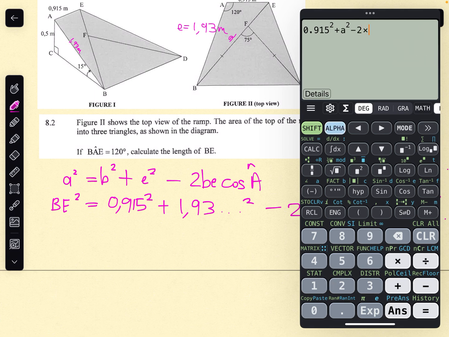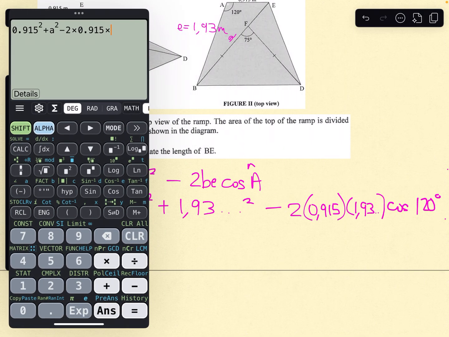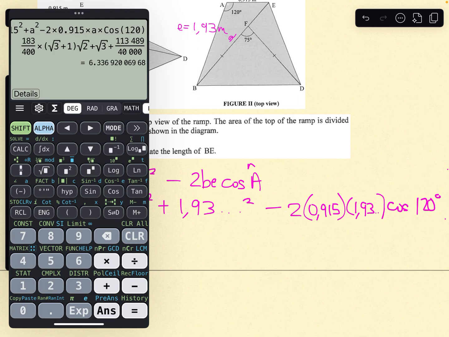Minus 2 times 0.915 times that number that we stored times cos of 120. Let's see what we got.